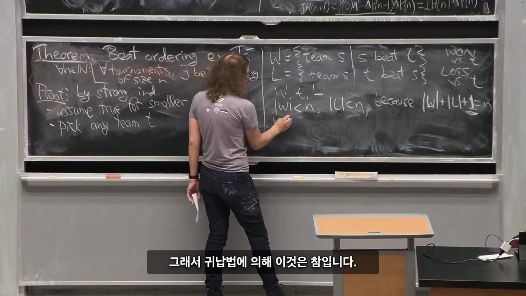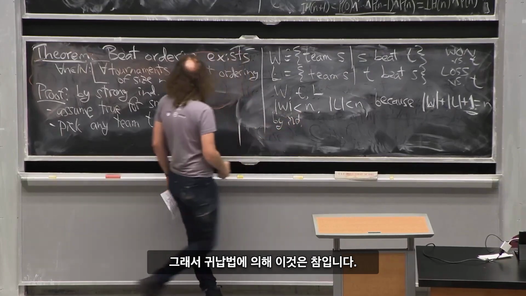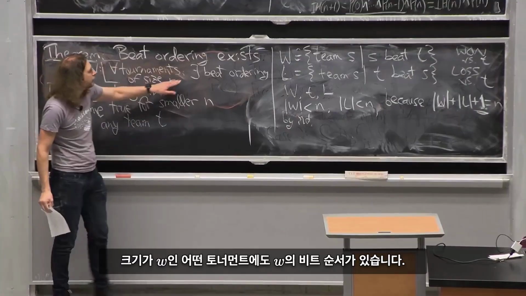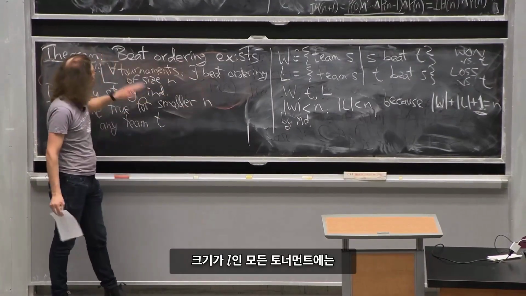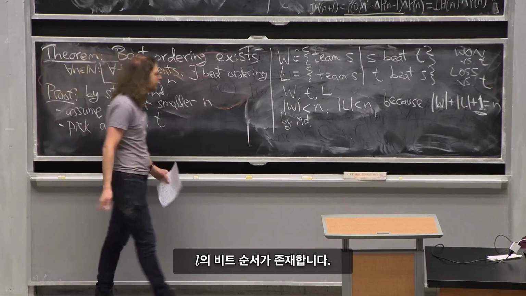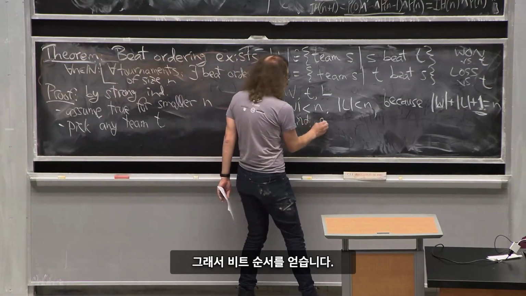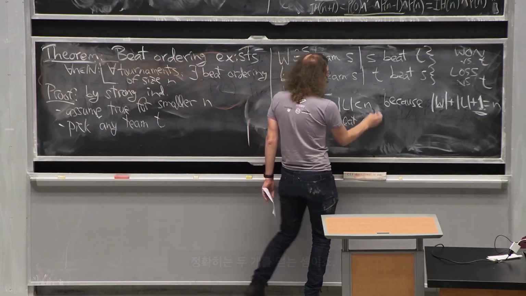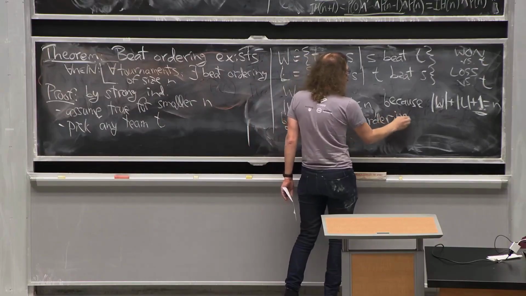So by induction, this thing is true. For any tournament of size W, there exists a beat ordering of W. For every tournament of size L, there exists a beat ordering of L. So we get a beat ordering. We get two of them, really.